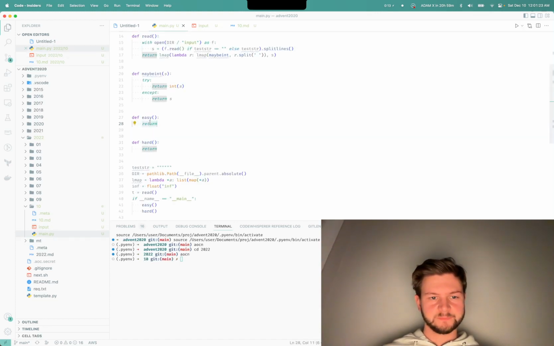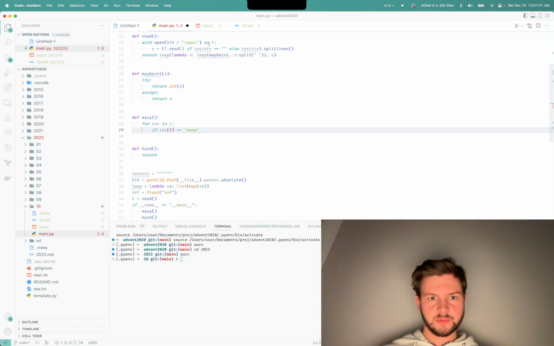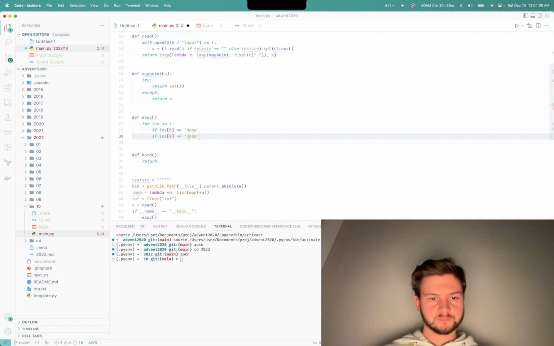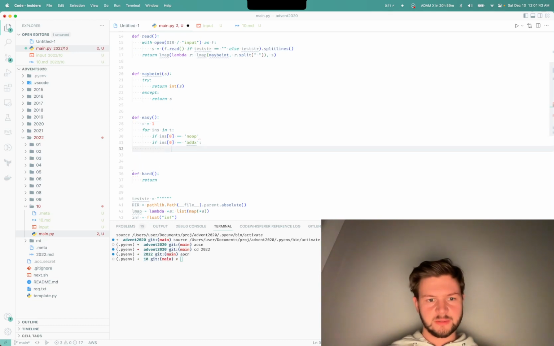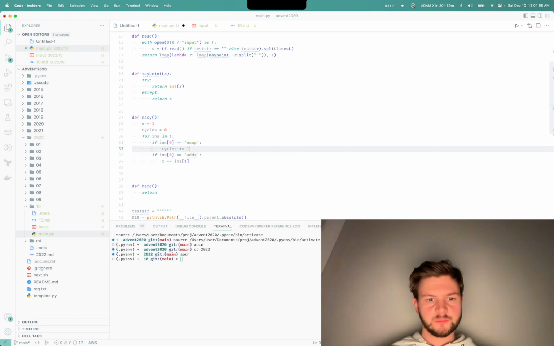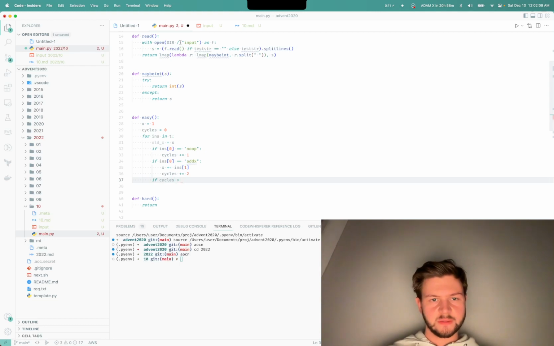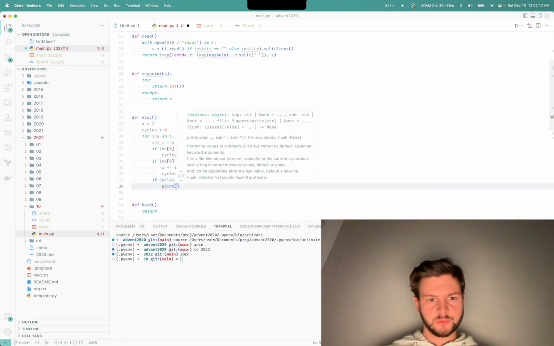Okay, so if int 0 equal nop, at x. X1, x plus equals 1, cycles 0, cycles plus equals 1 plus equals 2, hold x, x, if cycles greater than marker, print.